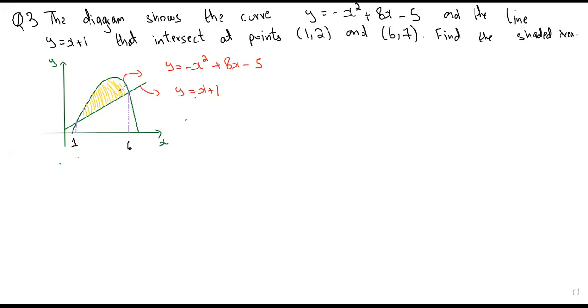The diagram shows that the curve and the line intersect at points, this point is 1, 2 and then this point is 6, 7. Find the shaded area. Whatever the description is, you can see that from the diagram as well. So this is what you need to do. You need to find the yellow shaded region.